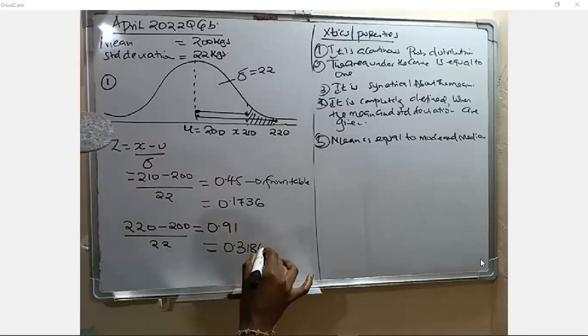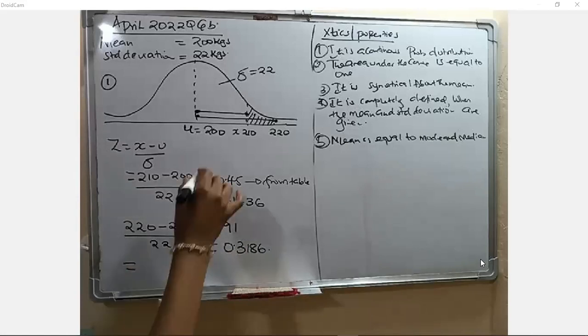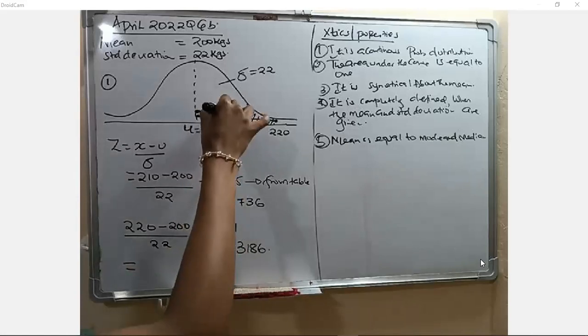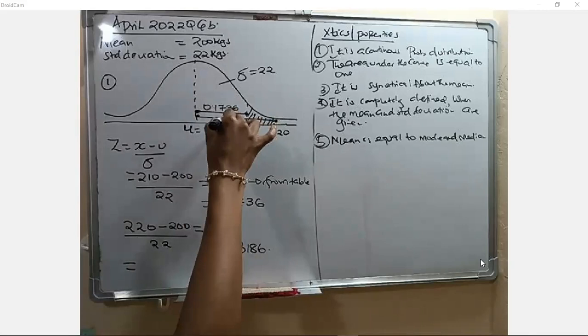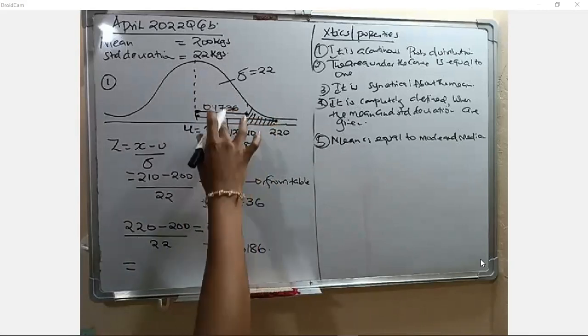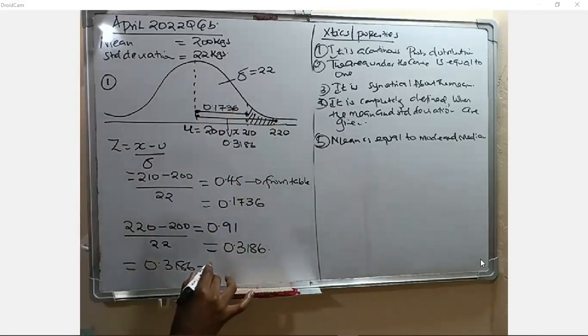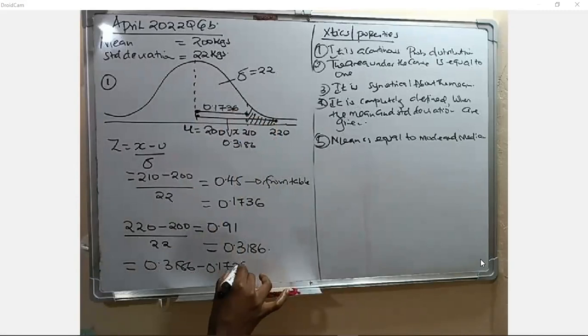So to get the area that the examiner wants, to get that area under consideration, because already I have gotten this as 0.1736, and this one we have gotten as 0.3186, you just subtract between the two. So 0.3186 minus 0.1736.